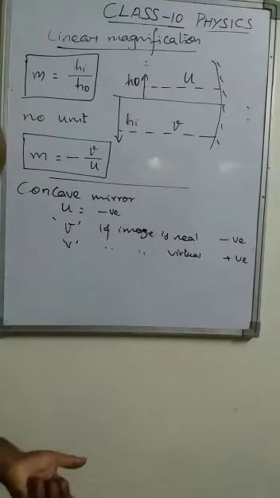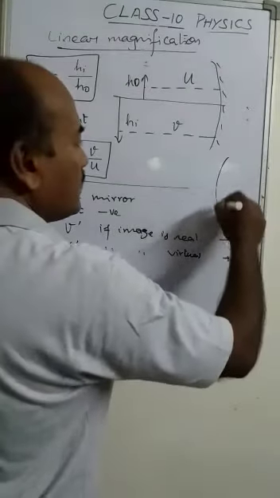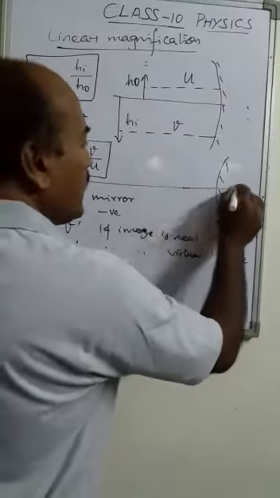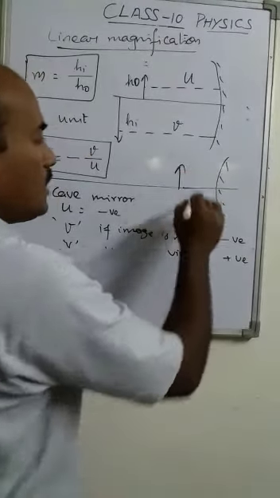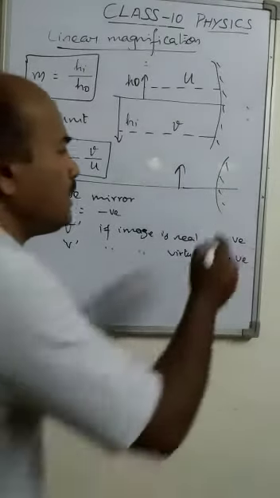Then coming to the convex mirror, the same thing. In case of a convex mirror, with the principal axis and the object placed here, it always forms the image at the back side.